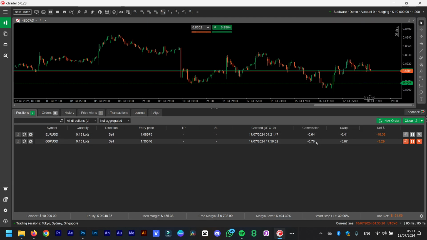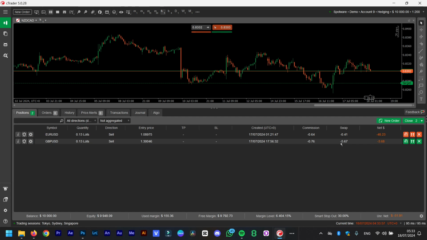Both negative, but it doesn't matter because there's nothing that we're going to do right now. But wait, I'm not going to close this trade because I opened it yesterday, and I don't know what's going to happen. Maybe if in 3 or 4 days nothing happens with this trade and it's still at break-even, then I might close the trade and open something else, or I'll see what I'm going to do. But look at this, paying $5 of swap every day, which is a lot.